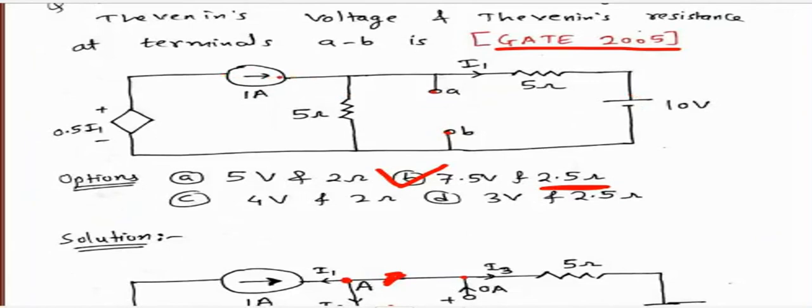Then once I replace it, I can see here that an independent source is present. So whenever an independent source is present, we have to connect a 1 volt source over here and try to find out the current coming out from this 1 volt source.